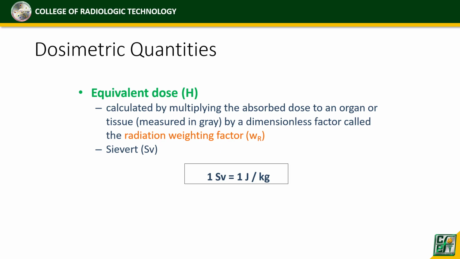And the equivalent dose, ang kanyang SI unit is sievert. Okay. So 1 gray is equivalent to 1 sievert. And 1 sievert is also equivalent to 1 joule per kilogram. Okay?